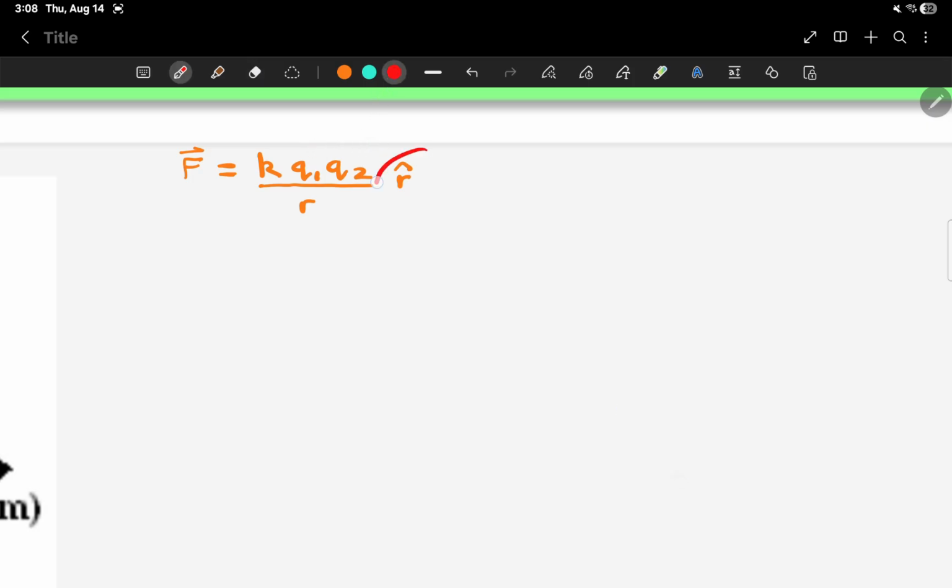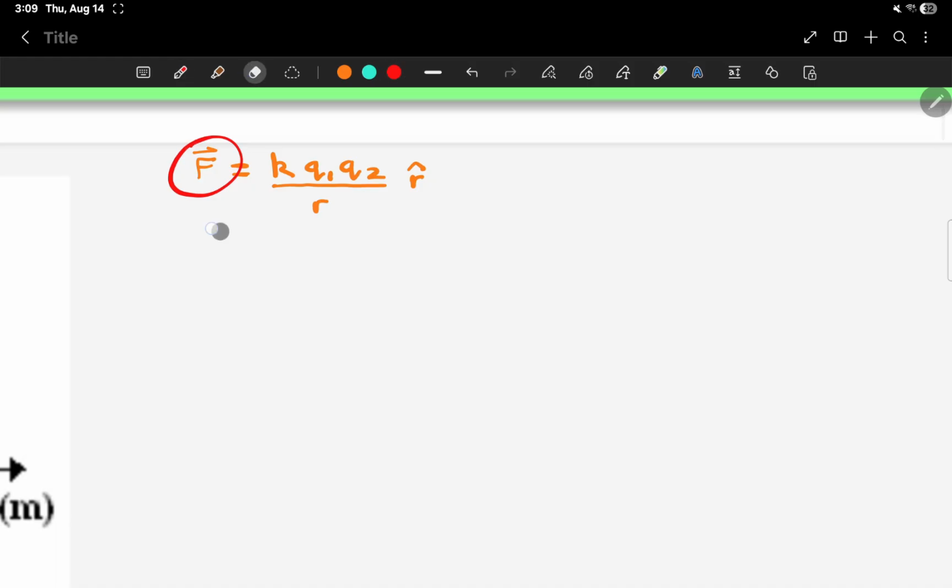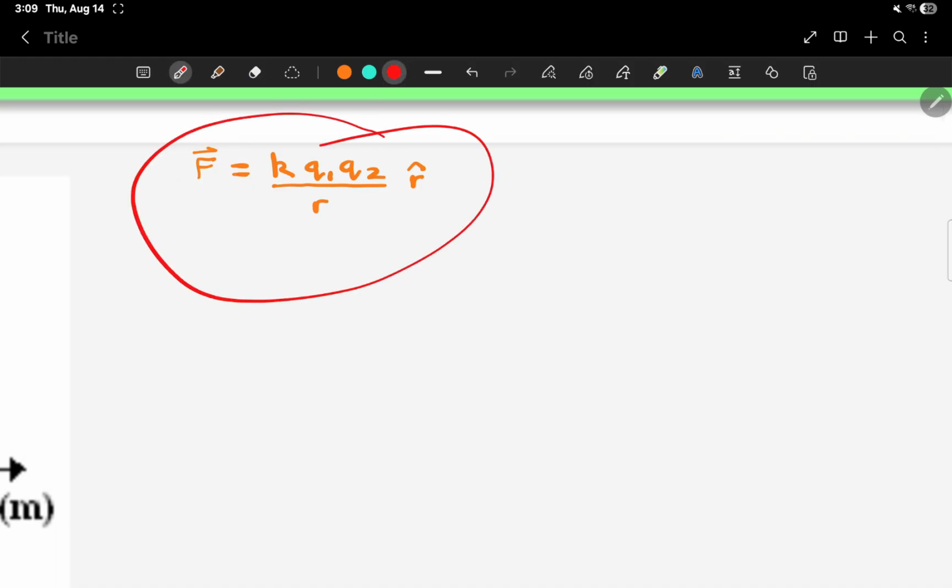And then r hat is just a vector to describe that sometimes the force can be split over certain coordinate axes. So it can have basically i and j components. That's what we mean by the r hat vector. Now that's just, of course, the force vector, and this is Coulomb's law in vector form.